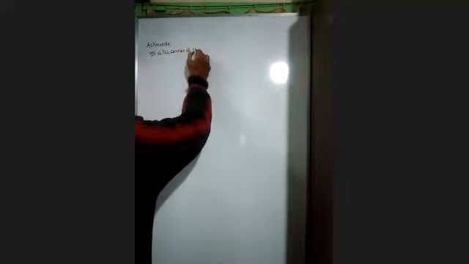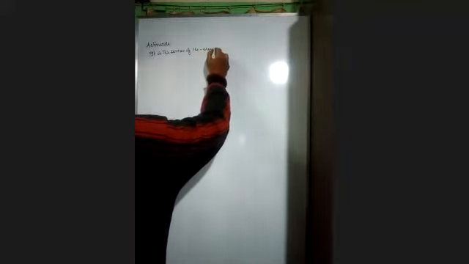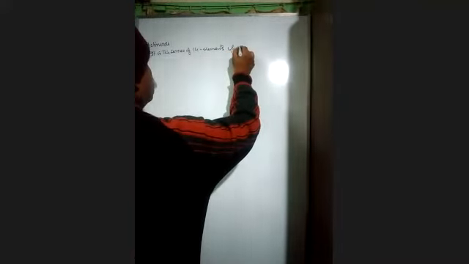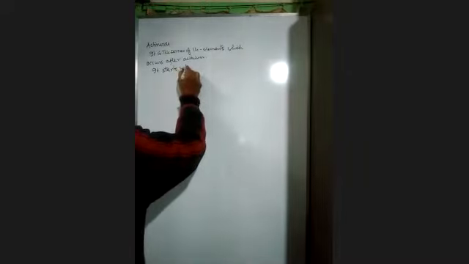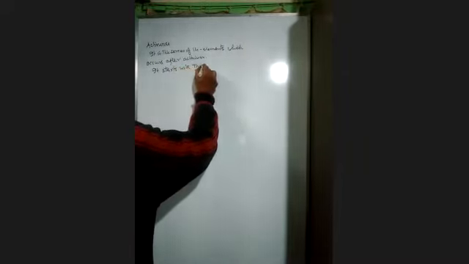It is the series of 14 elements which occurs after actinium. It starts with thorium.